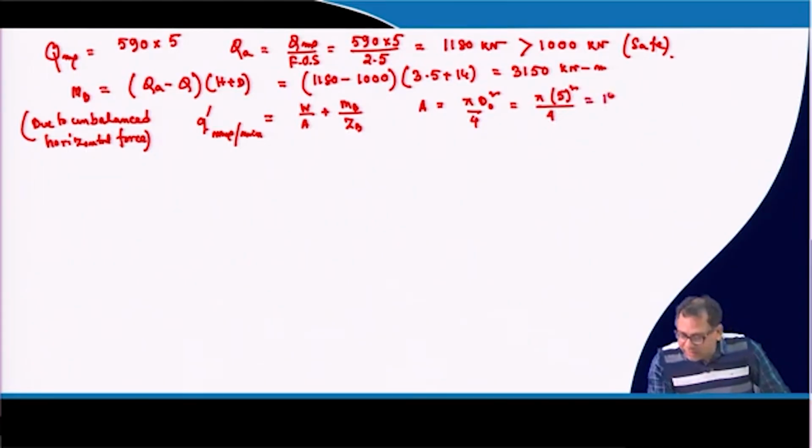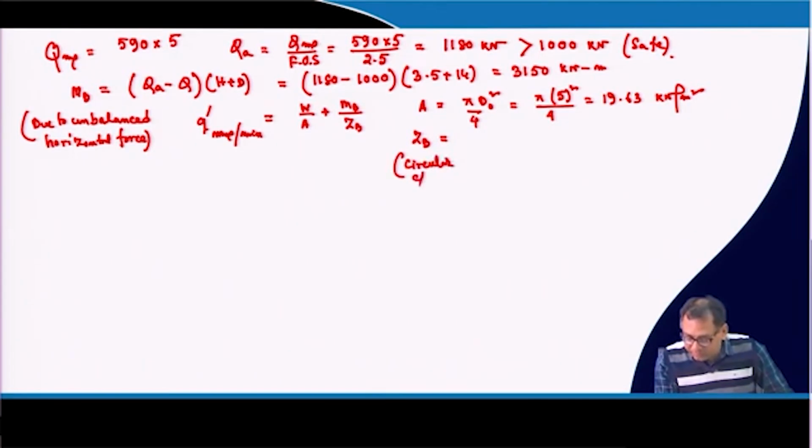So, this is 19.63 meter square, and ZB for circular cross section is pi divided by 32 into d to the power cube.